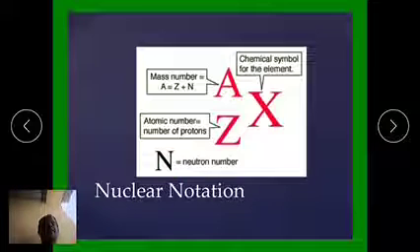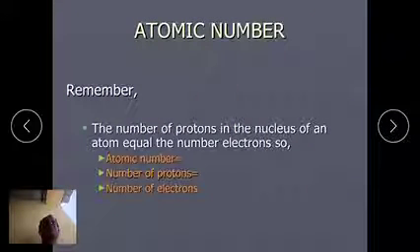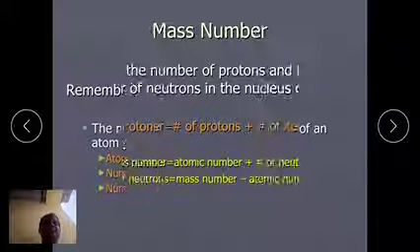Capital N indicates the neutron number. Remember once again, the number of protons in the nucleus of an atom is equal to the number of electrons. So the atomic number is equal to the number of protons, or also equal to the number of electrons.